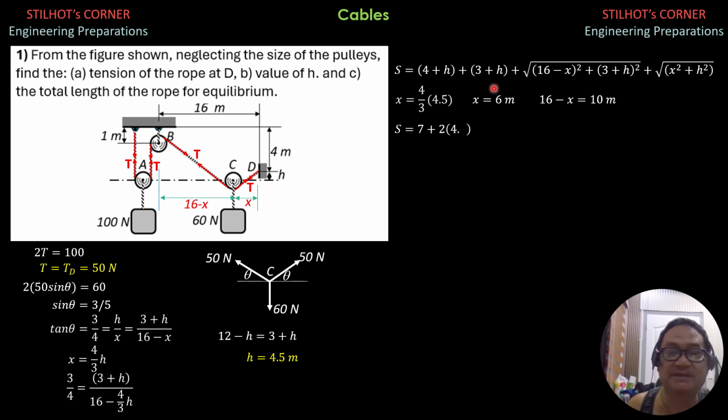So 7 plus 2 times 4.5 plus the square root of 10 squared plus 7.5 squared plus the square root of 6 squared plus 4.5 squared. So this is 12.5, this is 7.5, so 20 plus 9, 29 plus 7, 36. So S therefore is equal to 36 meters.